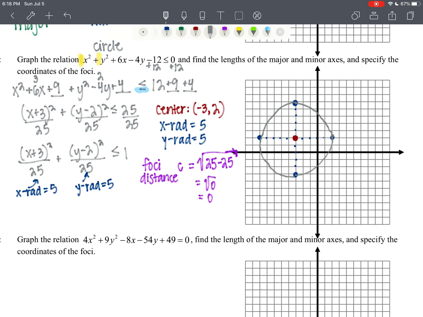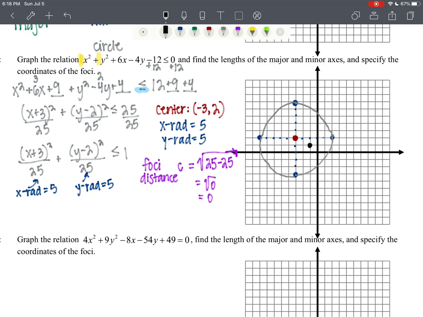And now we need to test whether or not we are shading inside or outside. So what I'm going to do is pick a value that is most certainly outside this curve, or I could pick one that's most certainly inside the curve.